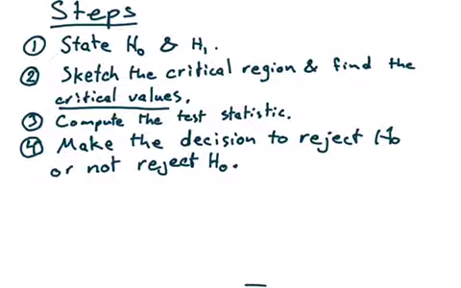And then finally, step 5 is whatever decision we, for lack of a better word, decided in step 4, whether we decided to reject the null hypothesis or we failed to reject the null hypothesis. In Step 5, we're going to summarize the results.